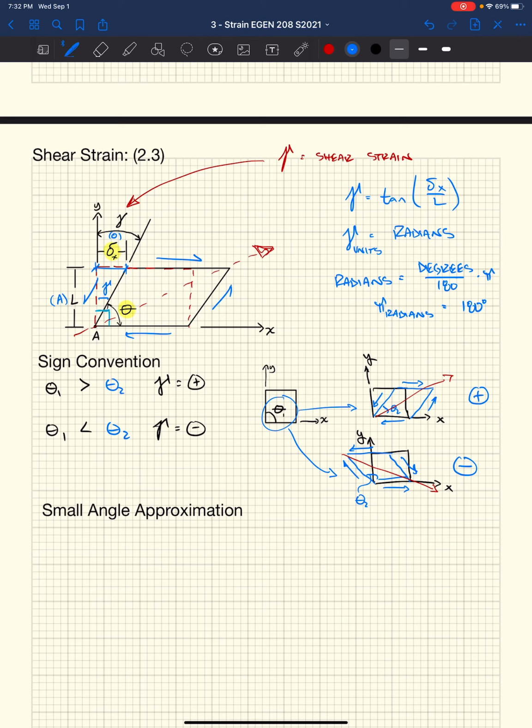So our delta that we saw up above, the highlighted delta up there, when delta x is a lot smaller than our adjacent side length L. When I say it's much smaller, I say L is at least 10 times greater.